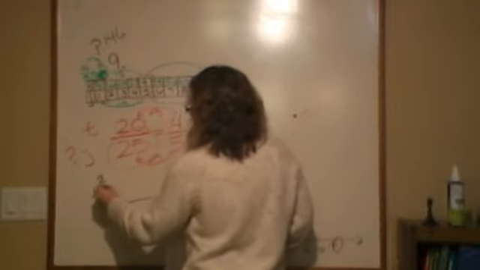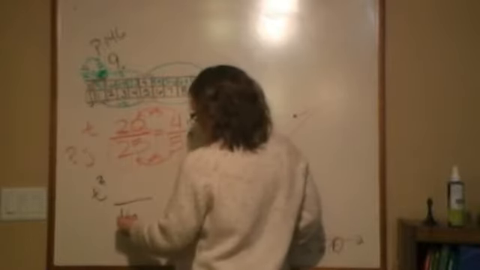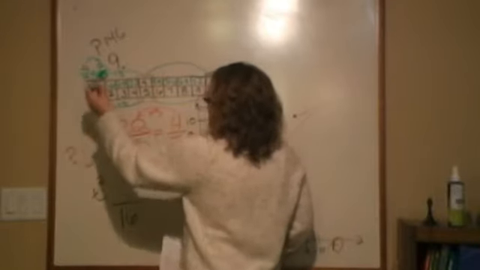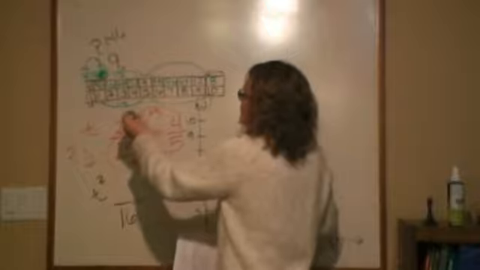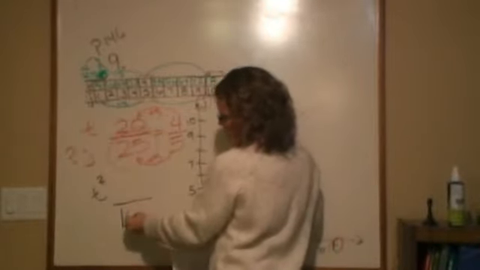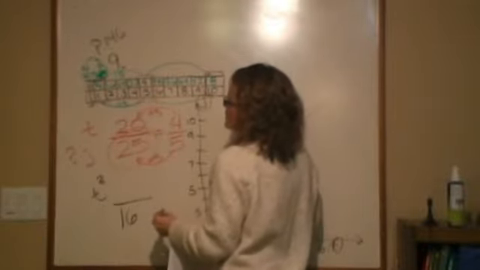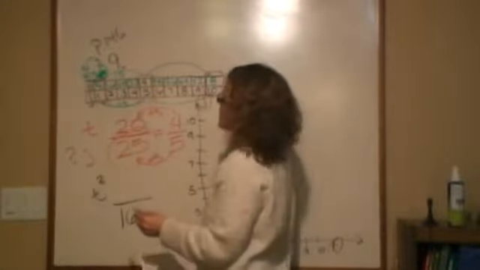T is a question mark. So I could go 1 times 16 to get that, and then 4/5 times 16, but that doesn't really sound like fun to me. I could use this 4 because 4 times 4 is 16, and I would multiply 3.2 by 4. We could do that, but I don't want to do that.